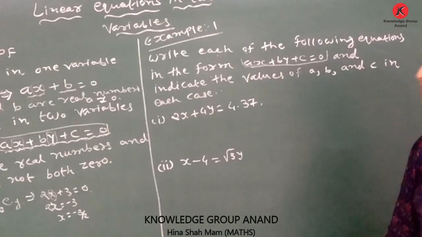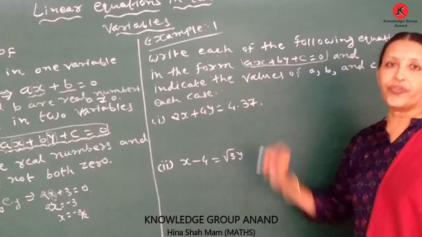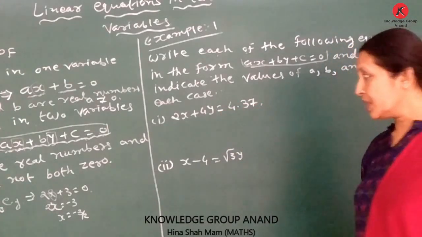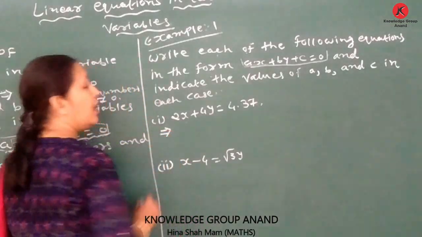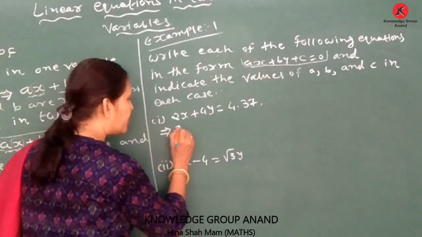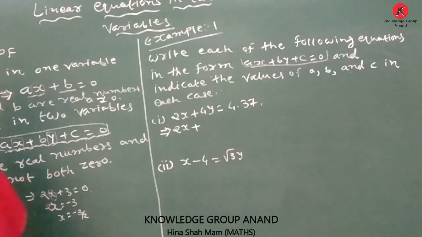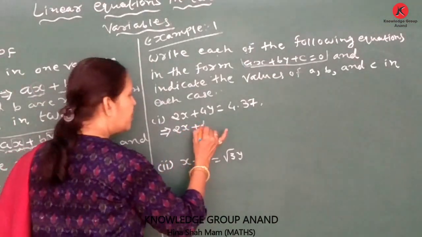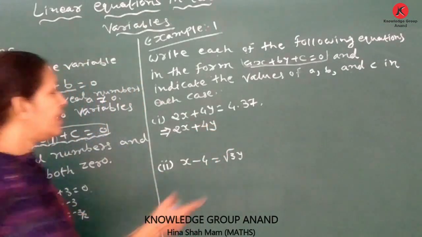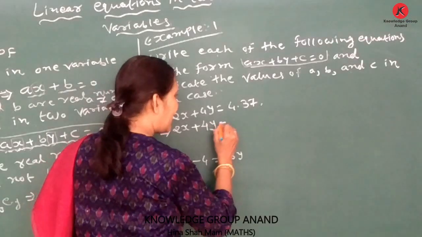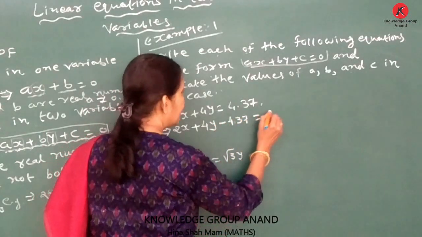Number 1. 2x plus 4y is equal to 4.37. We write it in standard form. First ax, then 2x plus by. Here by is 4y. Plus c. Then we take c, that means the constant term, minus 4.37 is equal to 0.